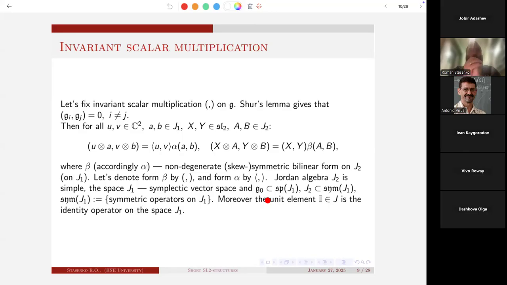So in a Jordan algebra which acts on a vector space, it is not necessary that the identity element gives the identity operator. But here it is this situation.